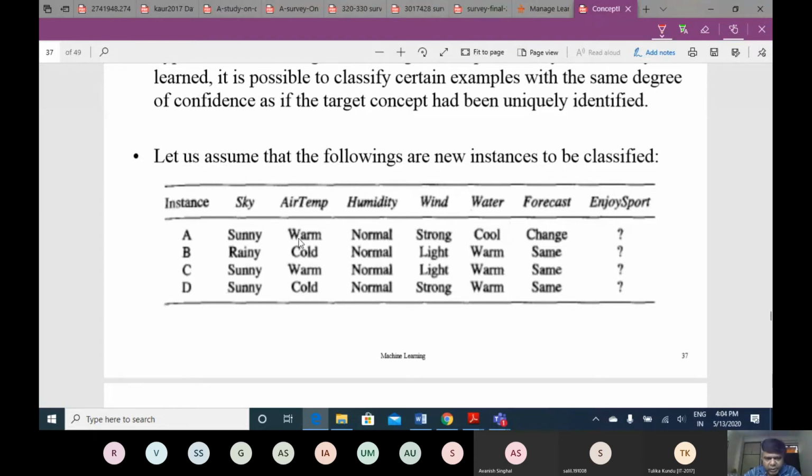Okay, so if it is sunny, warm, normal, strong, cool, change. Just to remember I am writing it. Sunny, warm, normal, strong, cool, change. Okay, this is the case.